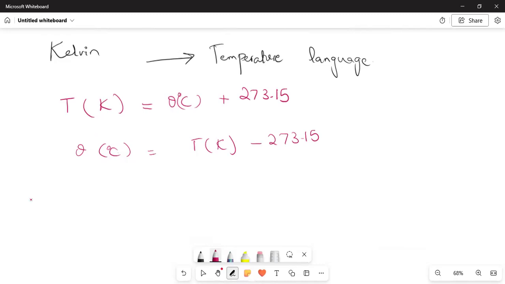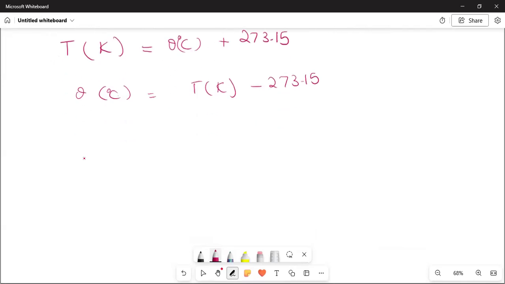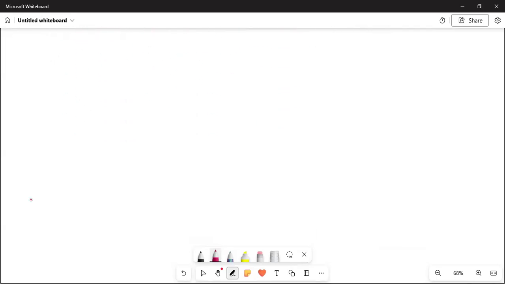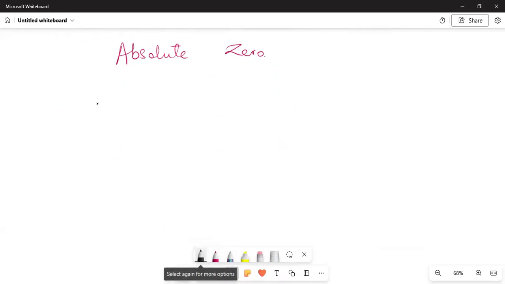Then comes another very important concept, which is absolute zero. The lowest possible temperature to exist is called absolute zero. At absolute zero, the particles have the minimum possible internal energy.